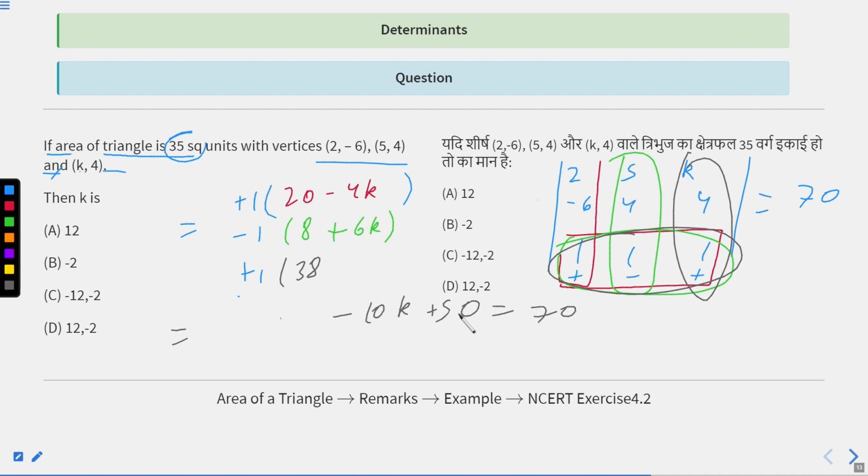Now divide every side by 10. What you will get is minus k plus 5 equals 7. From this, k will be minus 2. So the k value will be minus 2, and option B is the correct option.